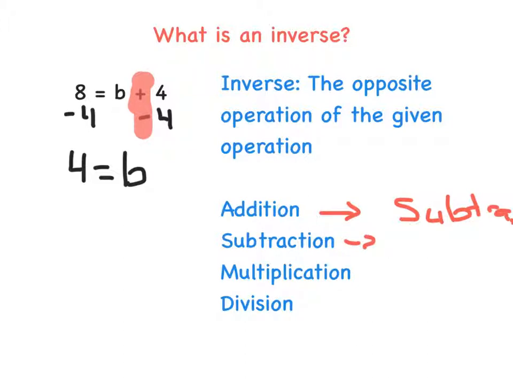The opposite of subtraction would need to be addition. The opposite of multiplication would be division, and the opposite of division would be multiplication. So another way to think of the inverse is an operation that undoes the operation that was given to you.